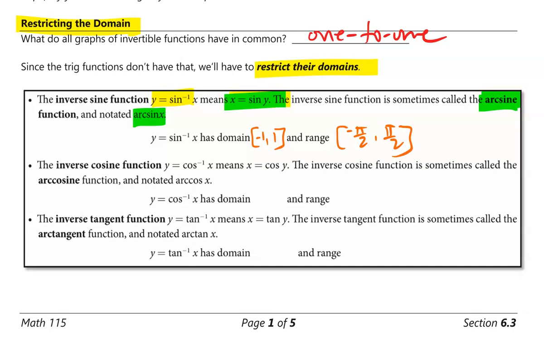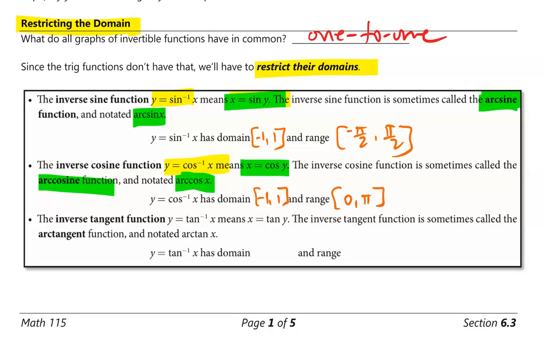Then the inverse cosine function y of x means x is equal to cosine of y, and the inverse cosine function is sometimes called the arccosine function, notated by arccosine of x. And the inverse cosine of x has a domain of, again, from -1 to 1 and the range of from 0 to pi.